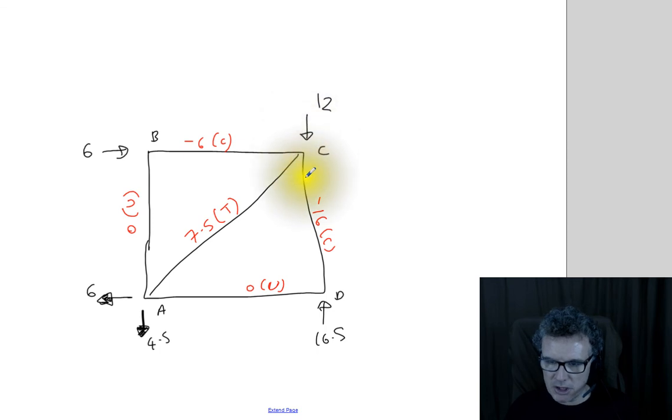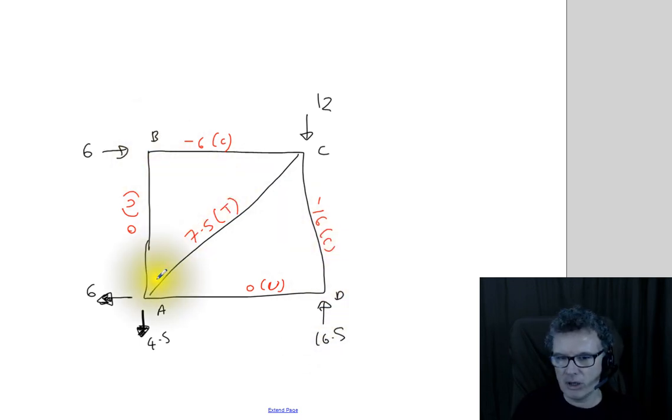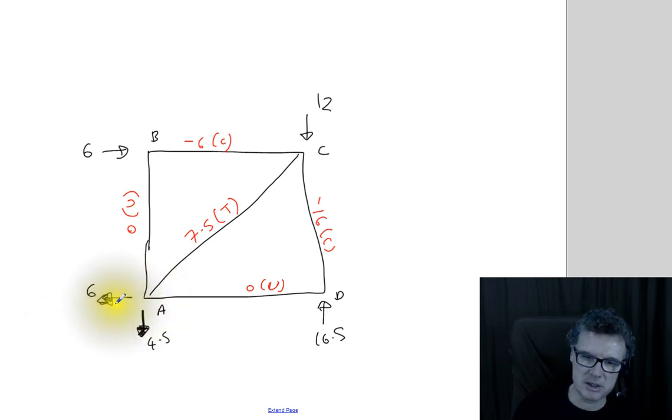If I'm pushing down here, I expect a lot of compression in this bar. That sounds correct. If I'm pushing this side, that's going to push around towards that pivot. Again, I expect that to be in compression. That makes sense. So what about the last one here? In terms of the reactions, I can see these reactions are trying to pull this away.